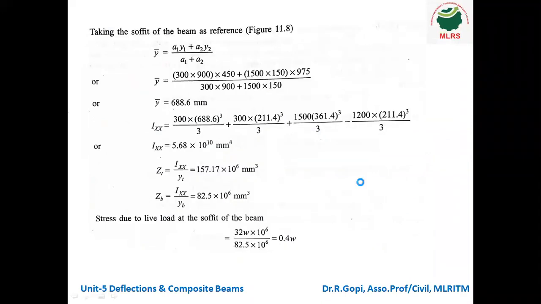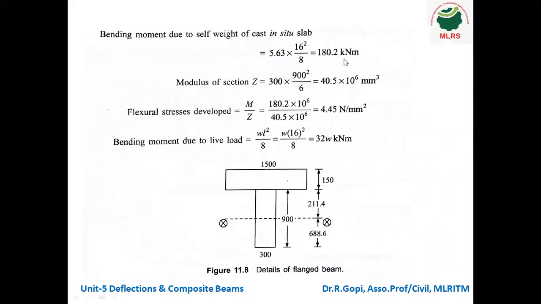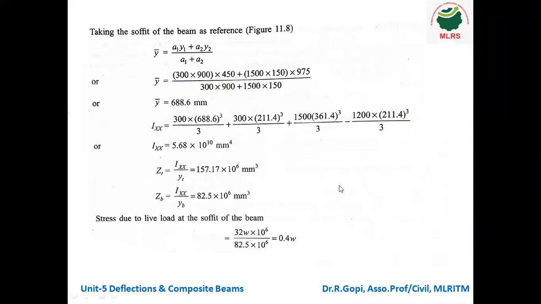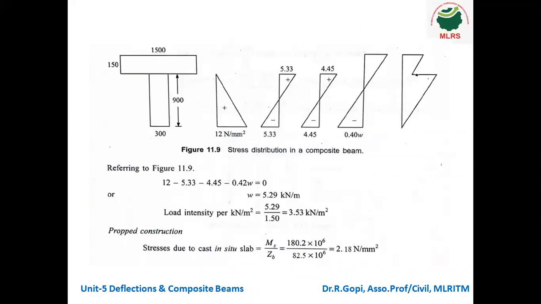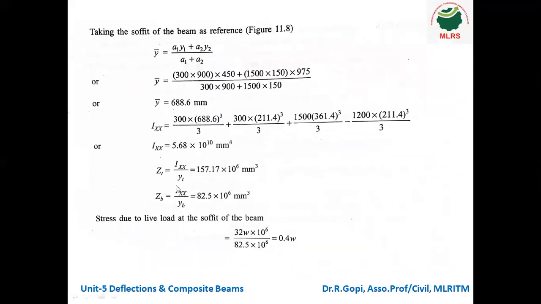The bending moment in the cast in situ slab we already calculated: 180.2. Now divide by ZB. For ZB we have to consider the whole section, that means including slab and beam composite action. So ZB is 82.5 into 10 power 6.